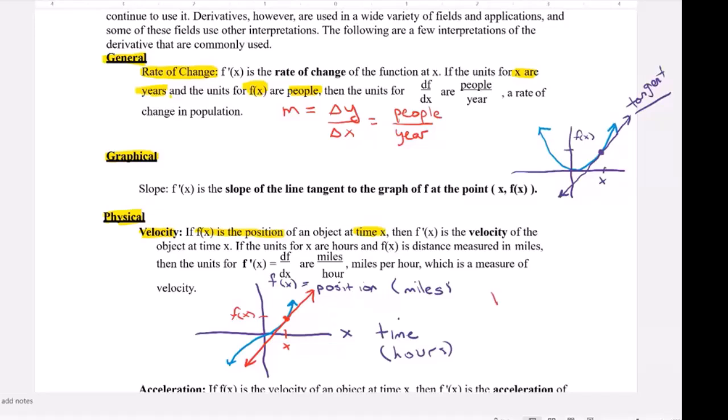And the slope is going to equal, just like always, the change in y over the change in x. Here our y is miles, and our x is hours. Notice miles per hour gives us velocity. Okay, so that's one use.